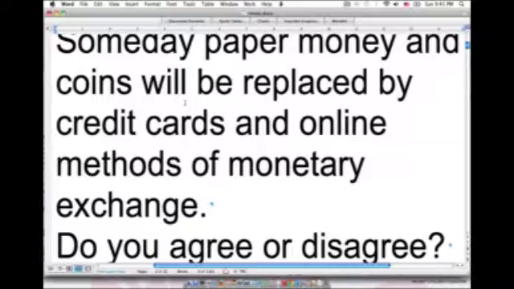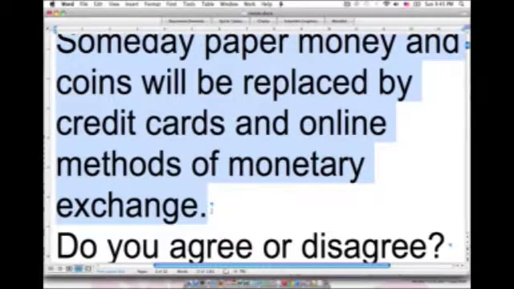It presents a point of view, which is that electronic forms of monetary exchange are going to one day take the place of physical money. And then we are presented with a very straightforward question, which is, do you agree or disagree?